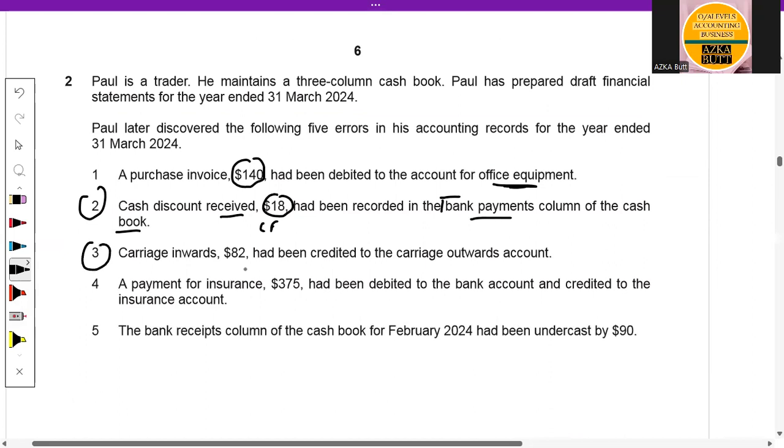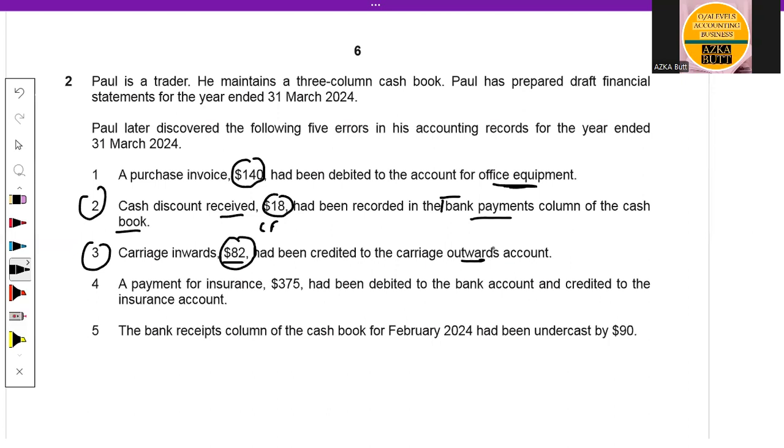And the third error, carriage inwards $82 had been credited to the carriage outwards account. First of all, we have to debit the carriage inwards account because we have to increase it. Carriage inwards would be an expense for us. And because we credited the carriage outwards, we decreased the carriage outwards.